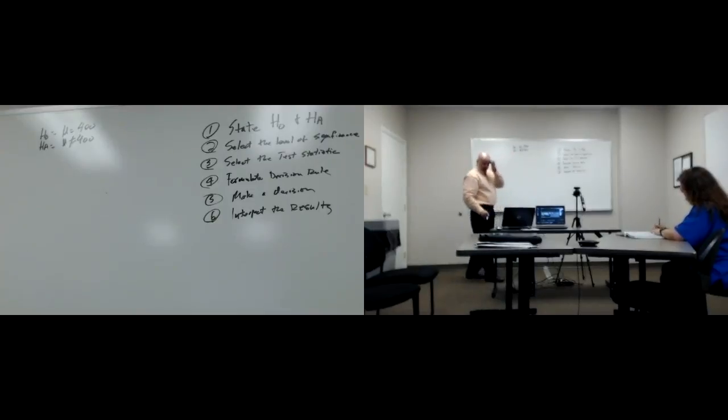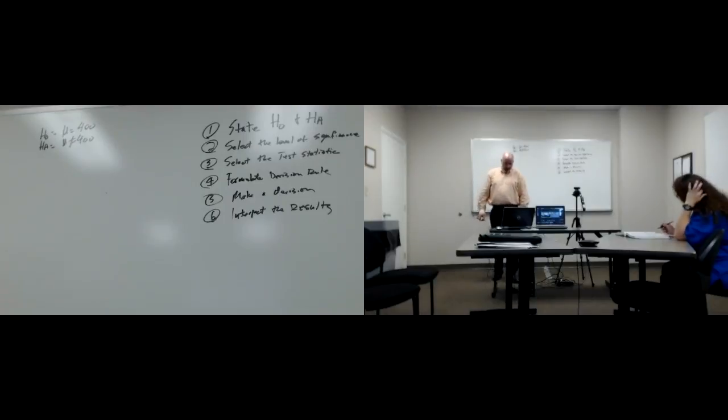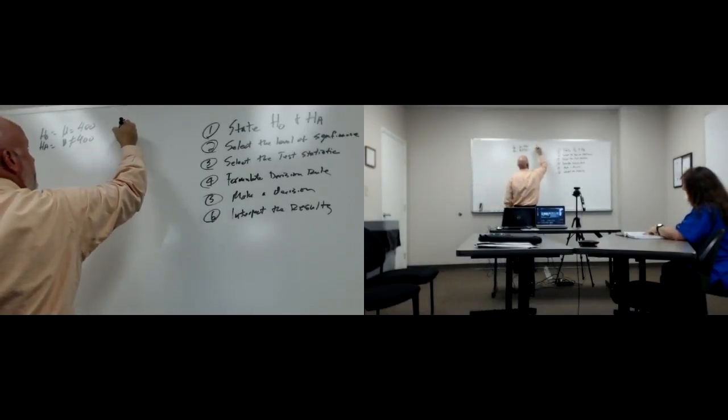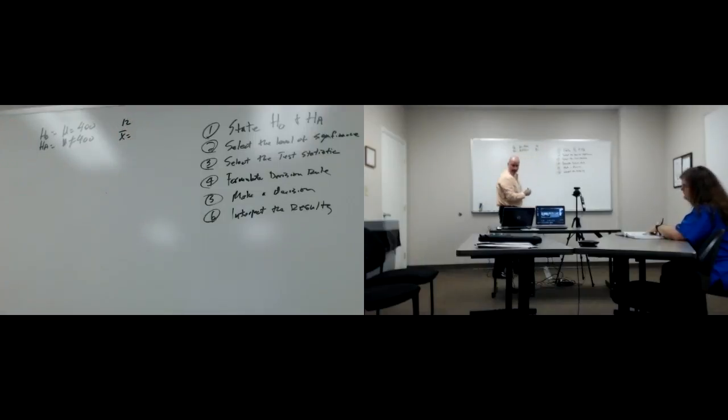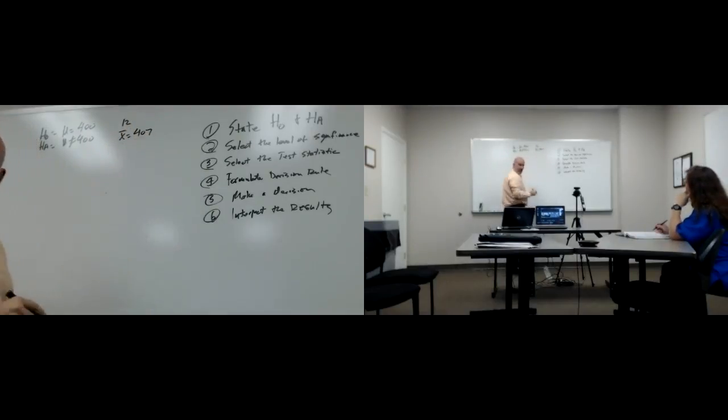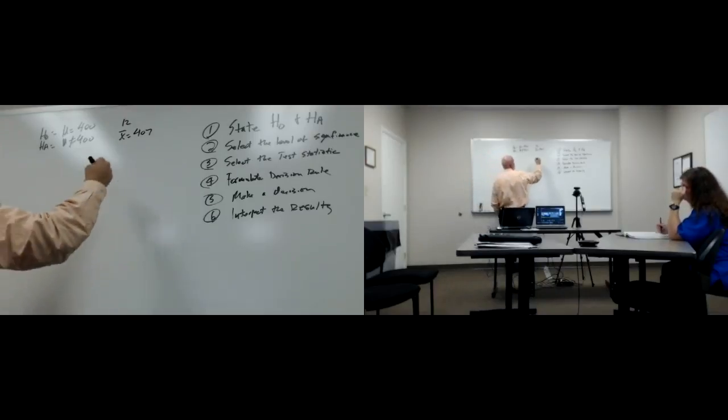And it says a random sample of 12 observations is selected from a normal population. The sample mean was 407. And the sample standard deviation is 6.